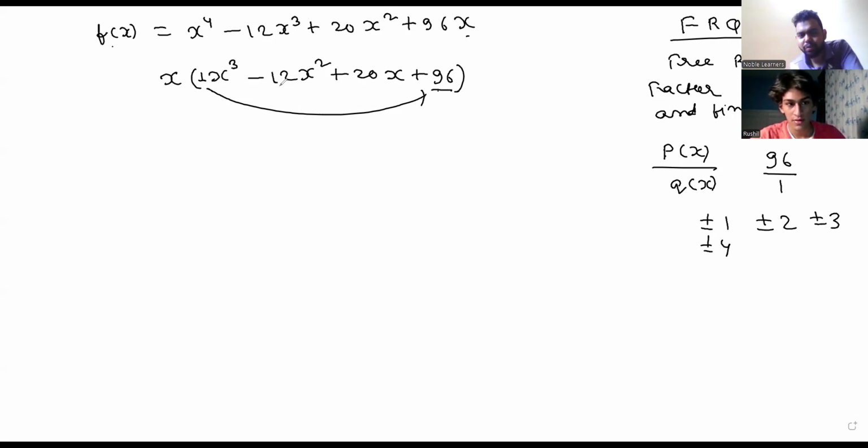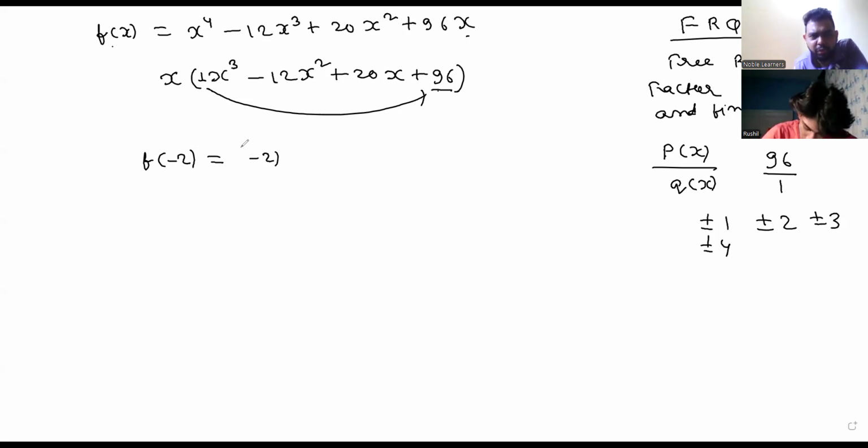Minus 1 will also not work. I could use maybe minus 2, because if you do plus 2, I don't think plus 2 is going to work as well. So I'm going to take this function and I'm going to take minus 2. We hit and try, right? We see where I'm going to get a zero when I plug that in. This is how the rational root theorem works, p(x) upon q(x). I definitely don't know whether it is going to come or not, but I could hit and try.